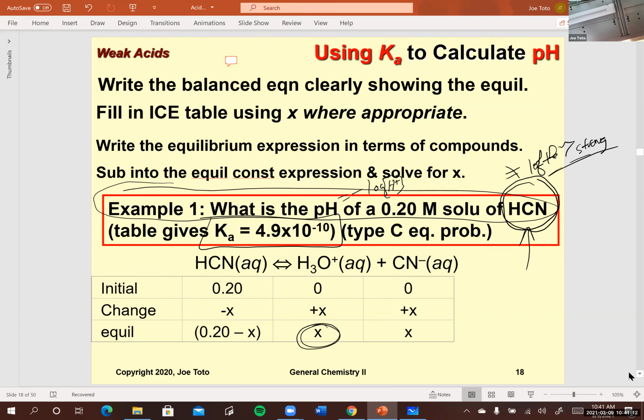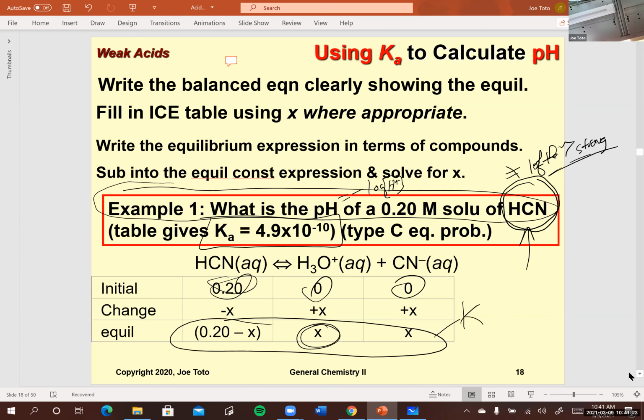You put in the initials, and you solve the ICE table by relating what you get at equilibrium to the equilibrium constant that you looked up and its definition using the law of mass action, which says concentration of the products to their stoichiometric coefficients over the reactants to theirs. So you see that it's going to equal x squared over 0.2 minus x.